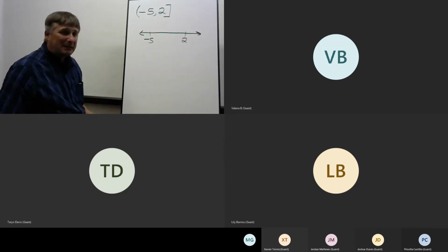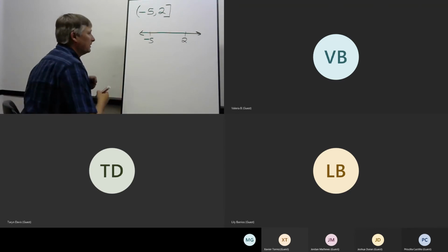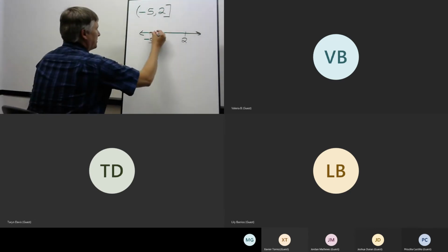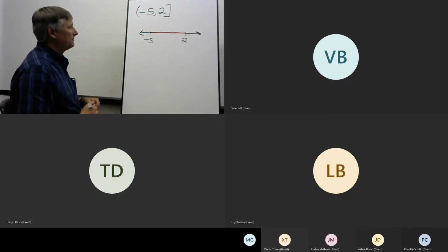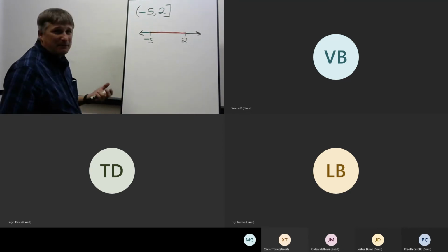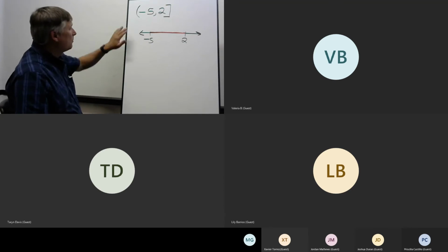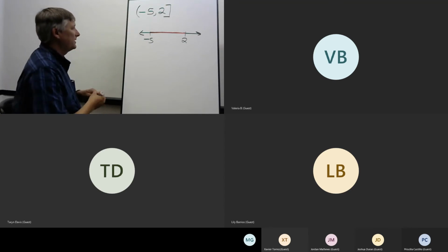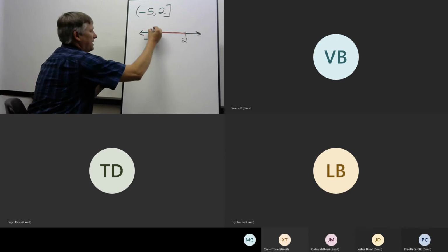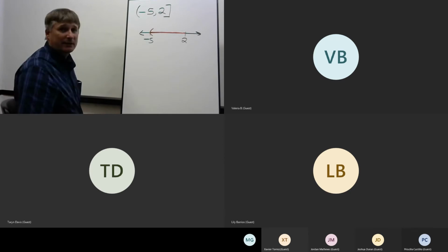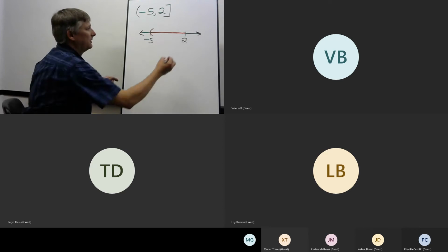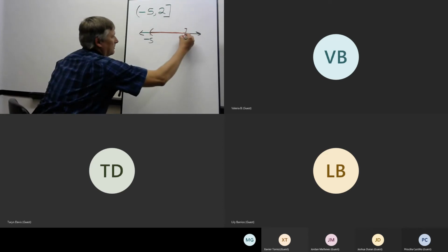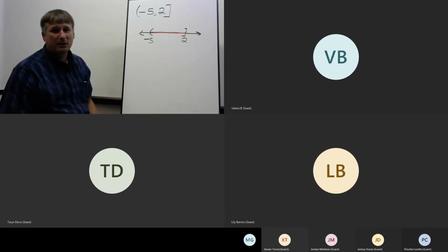Now this interval, again, it's concerned with numbers between -5 and 2. So we'll certainly take all the numbers in between. But do we get to keep -5? Do we get to keep 2? Well, this is a parenthesis, so that means we got to put a parenthesis on -5. We don't get to keep it. This is a bracket. We got to put a bracket on 2. That means we do get to keep it.